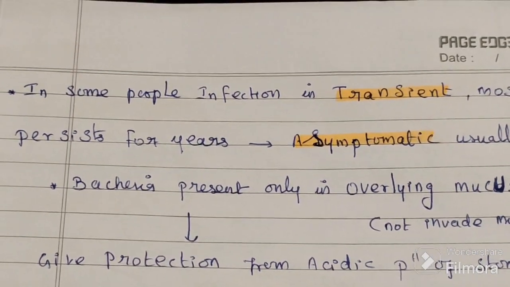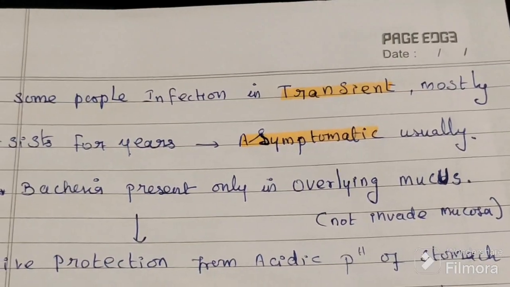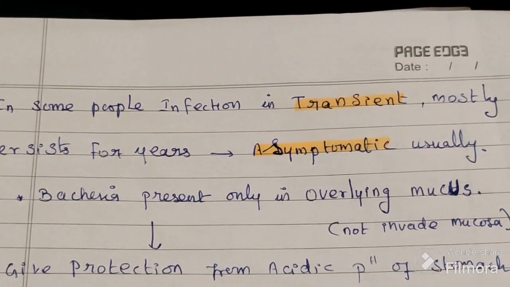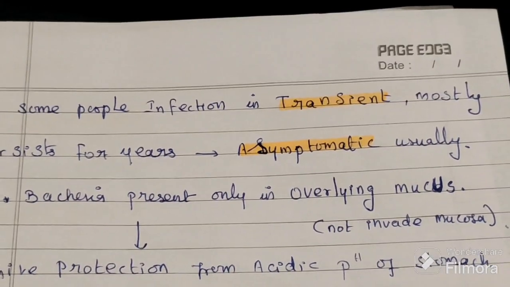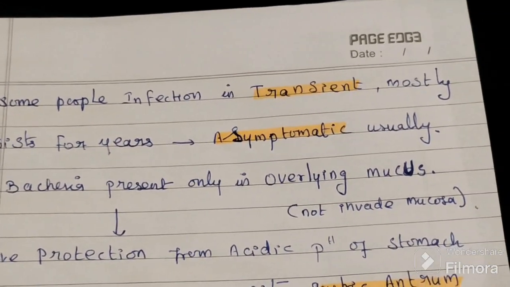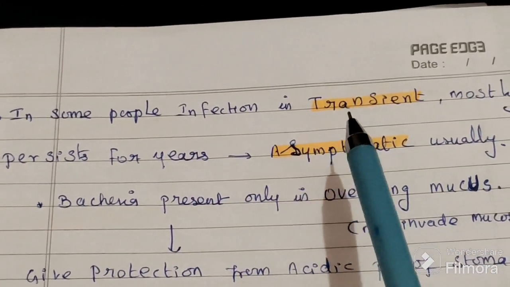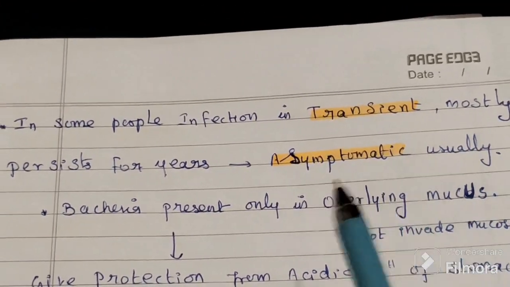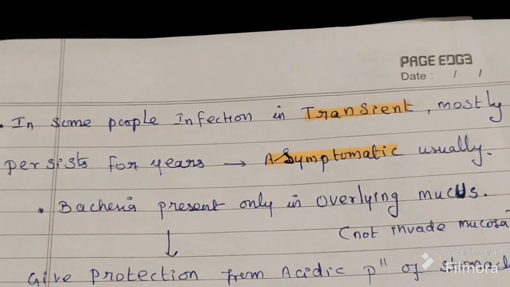In some people, the infection is transient, and mostly it persists for years. In such patients, they are usually asymptomatic.